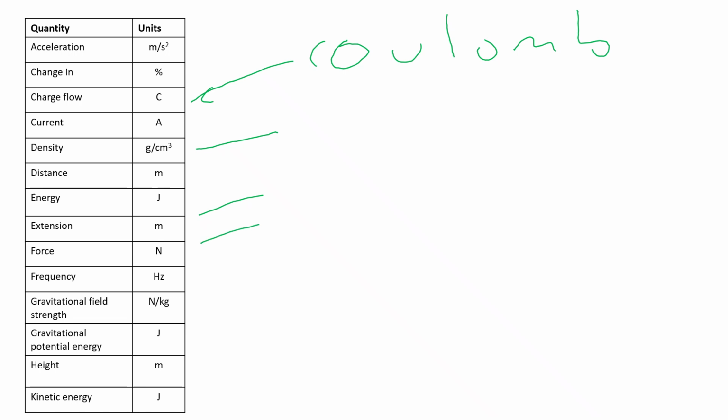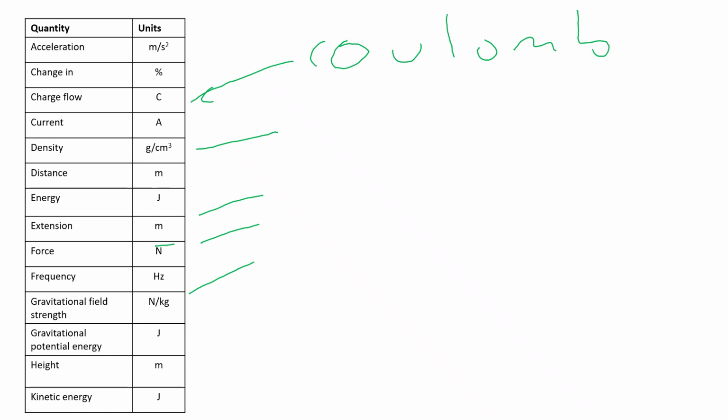Extension, if you've got an extension lead for your bedroom, it'll be a 3 metre extension lead. Force is newtons. Sir Isaac Newton, the guy that had that apple land on his head, was called Newton, and that's all about force. Frequency is hertz. An example of hertz is electricity.